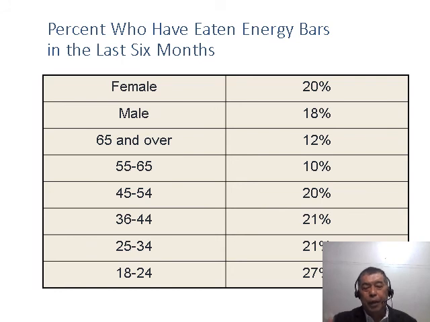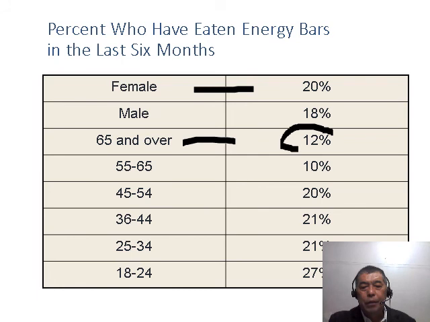So they now have a clustering of data from gender, female, and the 65 and above, which is 12%, very low.